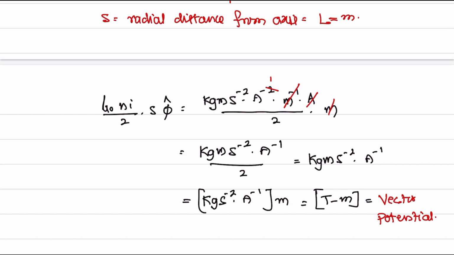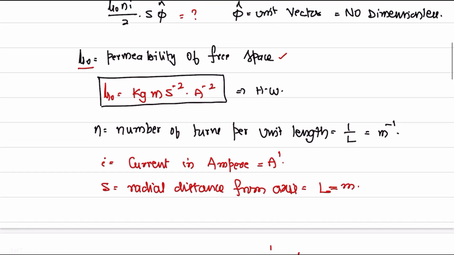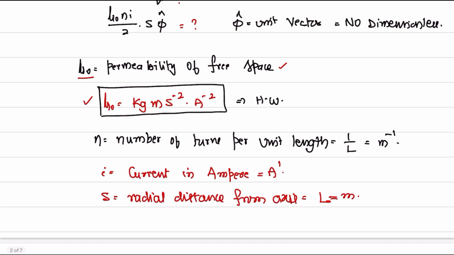That means once you know the basic units of Tesla and the basic units of μ₀, only then will you be able to understand and derive this equation μ₀ni/2 s phi cap.